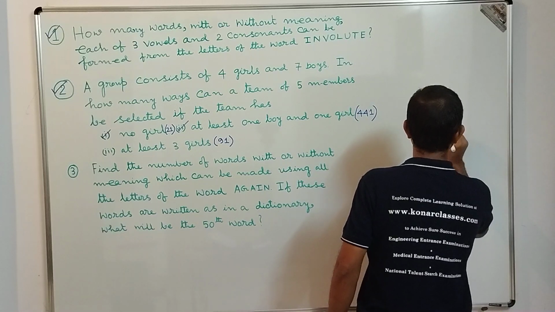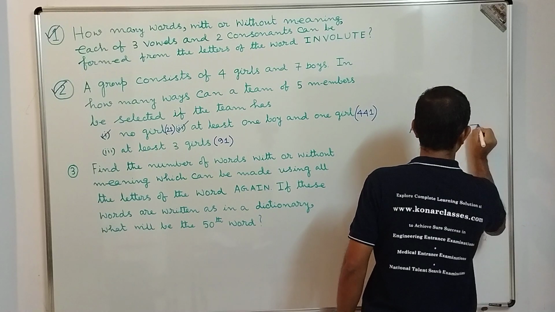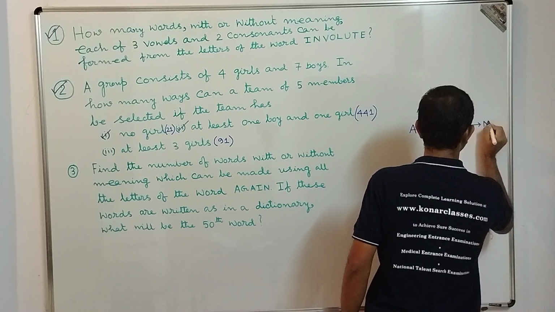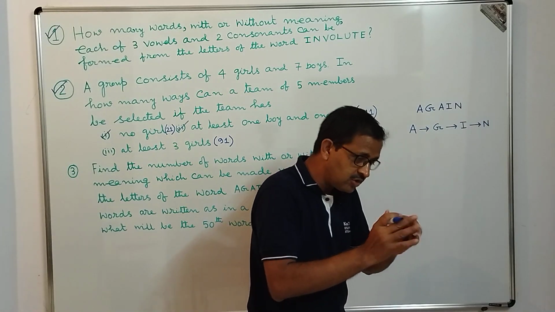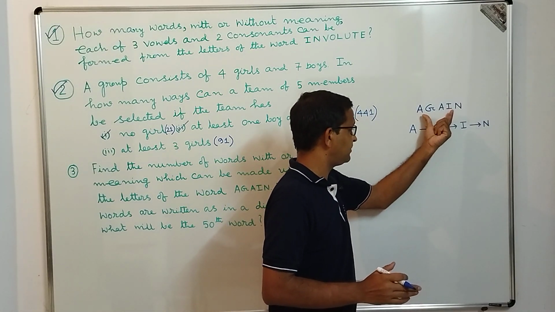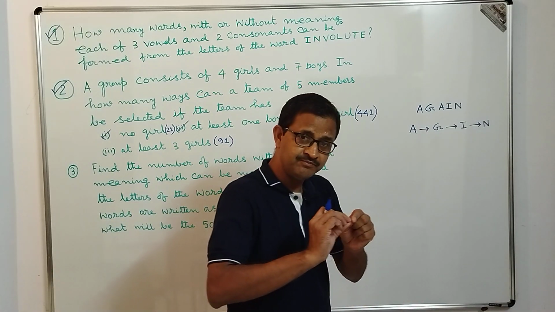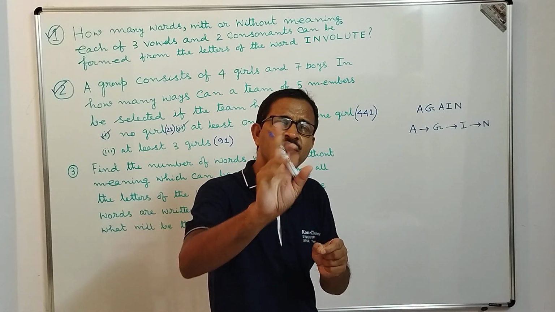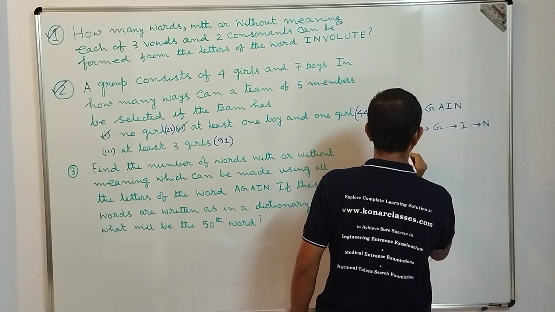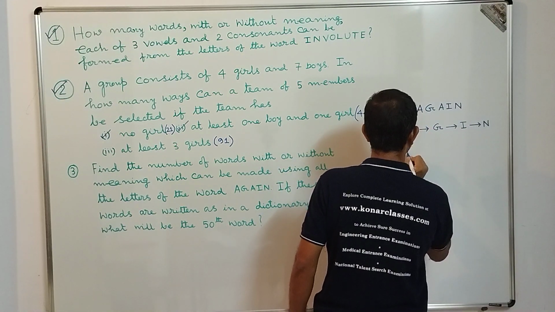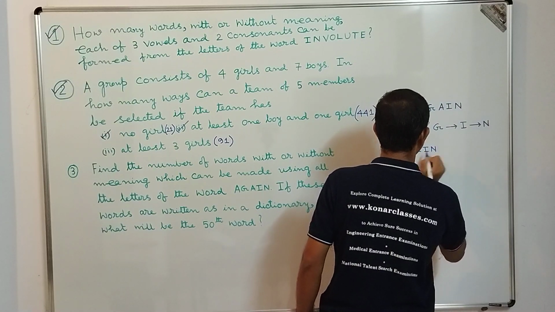G. After that comes I, and after that comes N, isn't it? It means if you arrange all these 60 different words we got earlier, they will start with A first. What will be the first word? By the way, A appears twice, right? So it should be A, then G, I, N. That will be the first word.